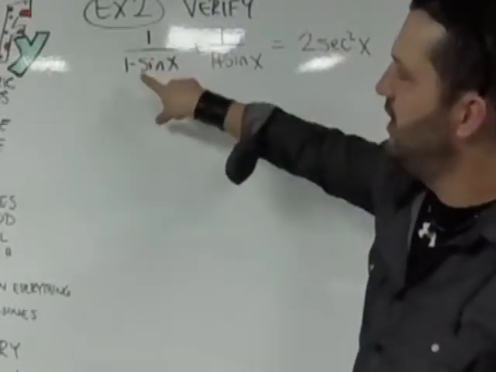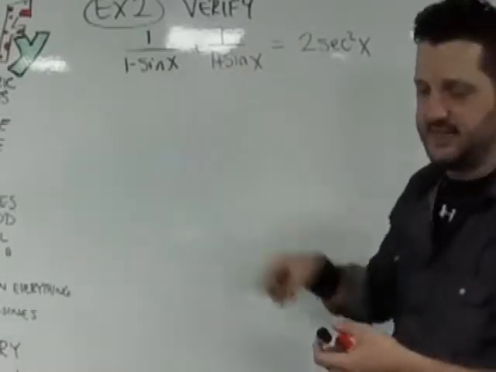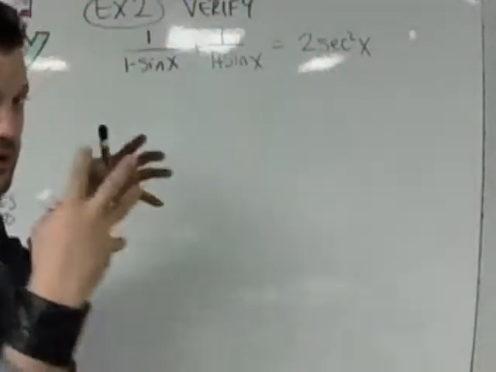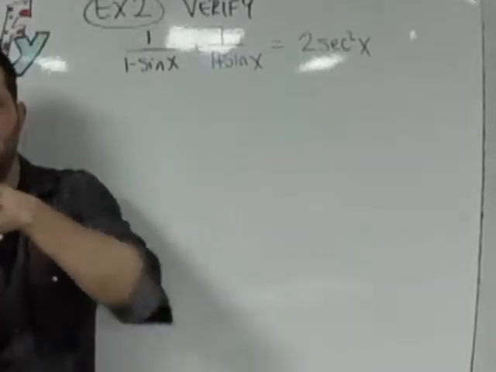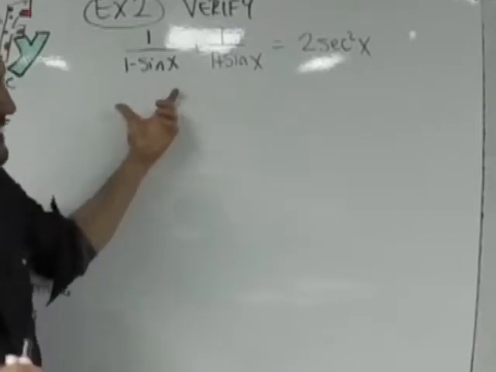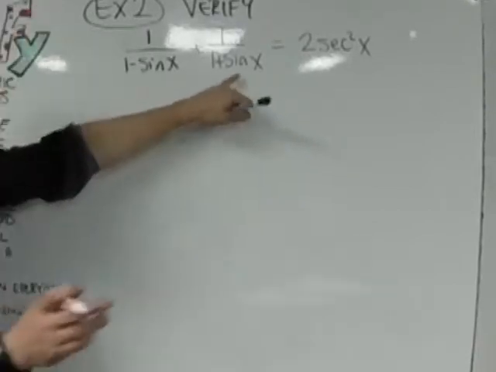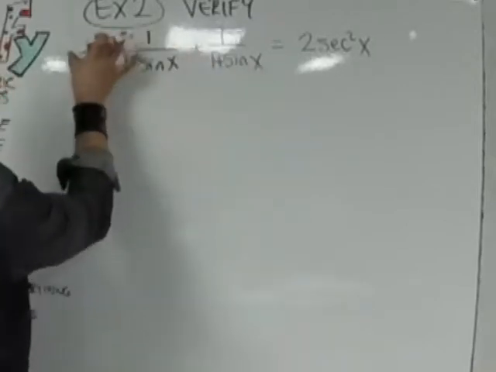Now this one says 1 over 1 minus sine x. This is 1 over 1 plus sine x. What I need to remember is if I want to add 2 fractions, I've got to get the bottoms the same. And if the bottoms aren't the same, even though they look close, what you've got to do is take the denominator of this one and multiply it here and here.